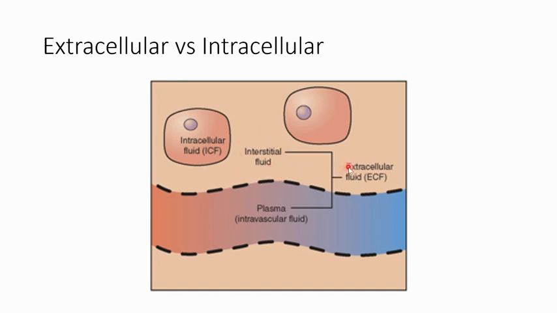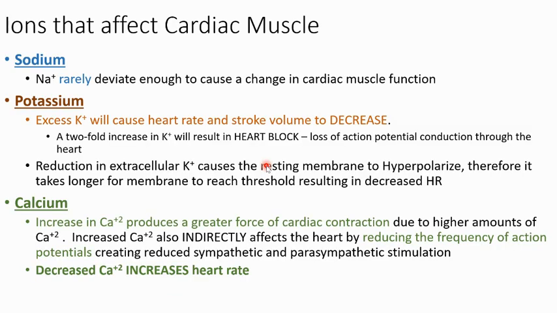So when we're talking about extracellular, we're talking about anything outside of the cell. This is intracellular. This is outside the cell, whether it be in the plasma or in the interstitial fluid. So you need to know, we're only going to talk about a few ions here. Sodium rarely is going to cause enough change to deviate cardiac muscle function.